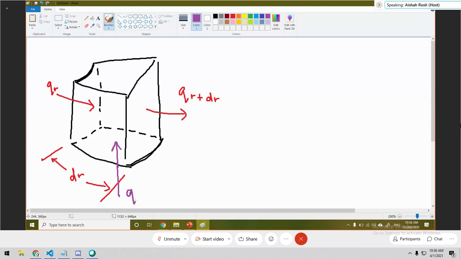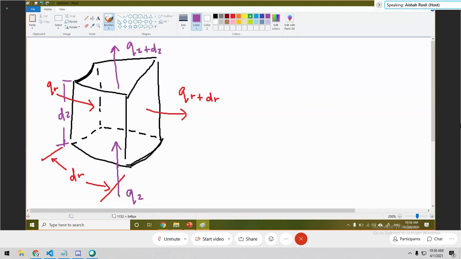If heat is coming from the bottom, we have QZ in this direction, and of course it comes out as QZ plus DZ. This is pretty much the same as the Cartesian coordinate. So in this case, we have the change in the Z direction to be here. The height.